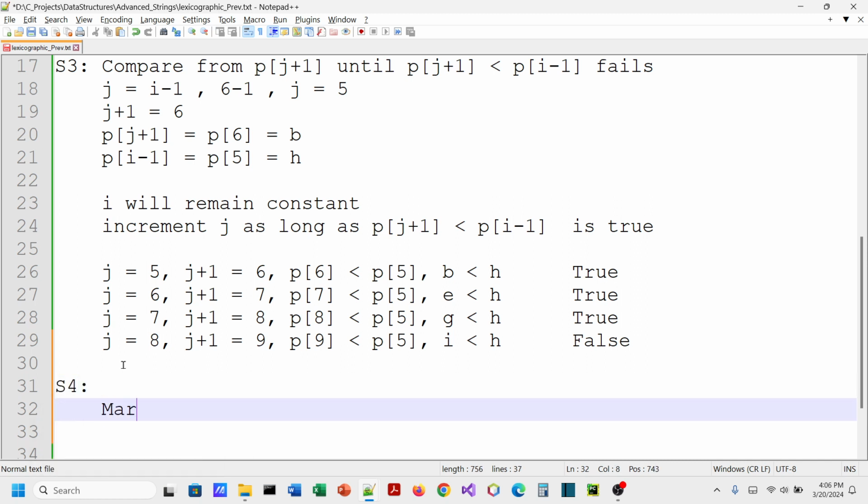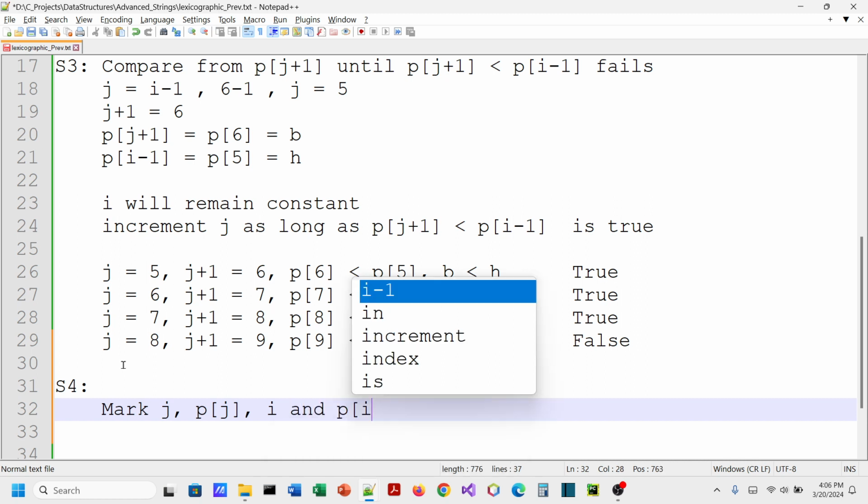I will mark j, so I will put the index, p of j, and then obviously I will mark i and p of i. So we know that.